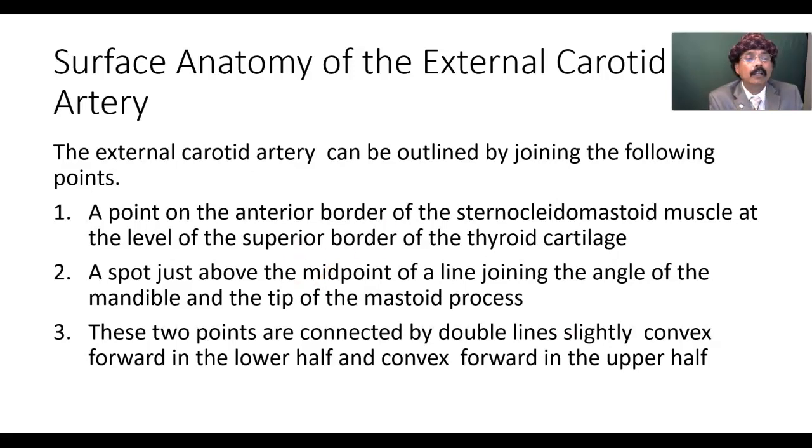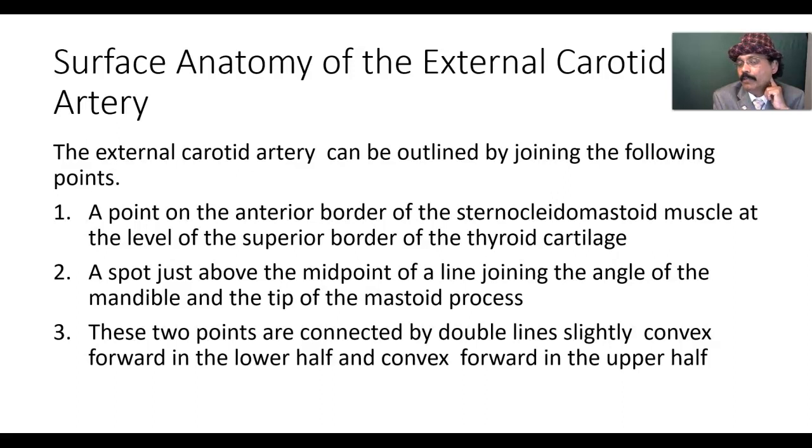Then we'll get the second point, just above the midpoint of a line joining the angle of the mandible and the tip of the mastoid process. You can also say it is at the neck of the mandible.